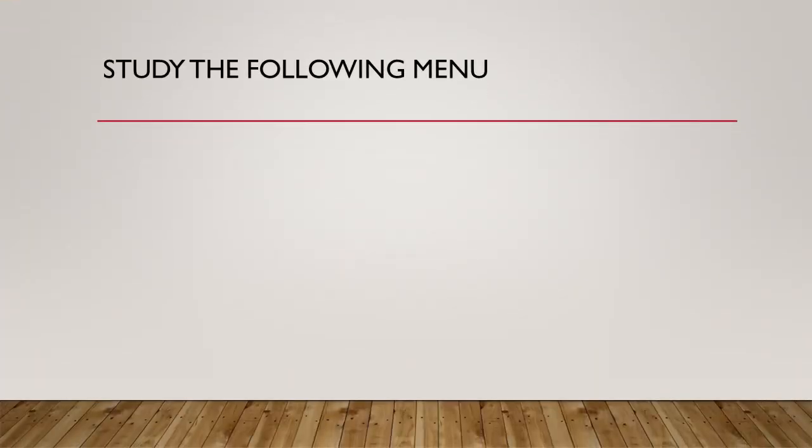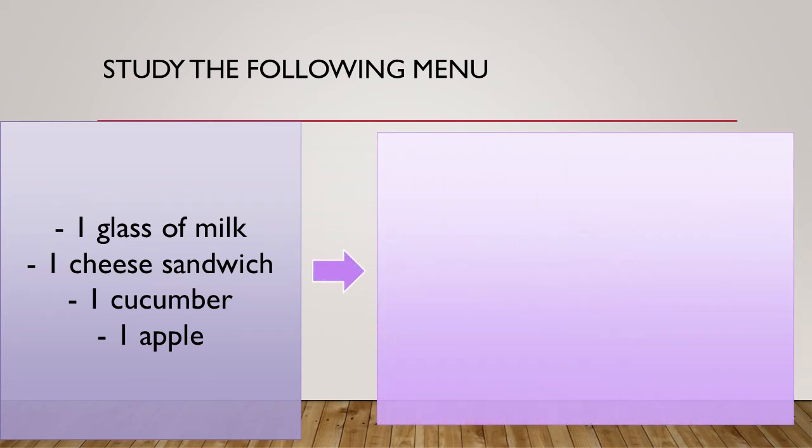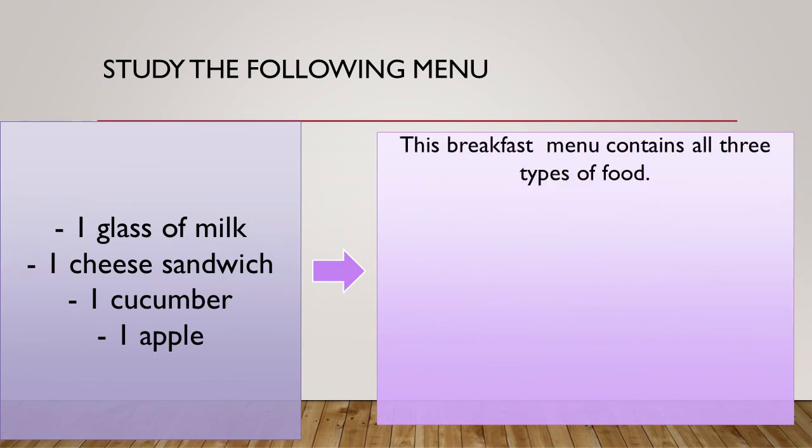So I want you now to study the following menu. We have a menu which is 1 glass of milk, 1 cheese sandwich, 1 cucumber, and 1 apple. What do you think this menu is made up of? How many types of food is this menu made up of? Excellent. So we have the milk, food for growth.